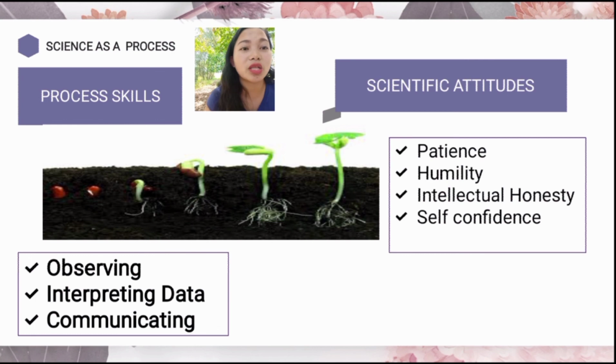And the intellectual honesty, of course, they have to be honest about what happened to the seed. Because there is a tendency that maybe the seed will not grow as they expected, because not all seeds are good seeds. There are seeds that fail because maybe they lack certain things that a seed needs, like air or water or something.